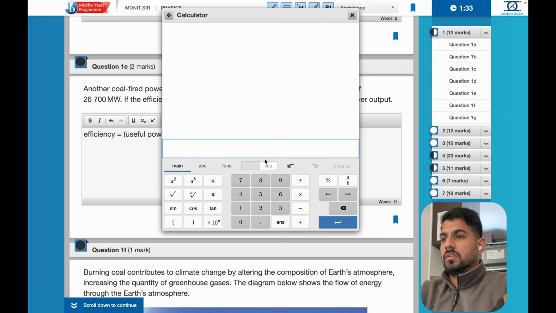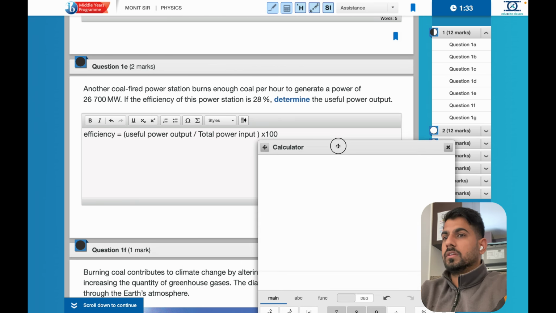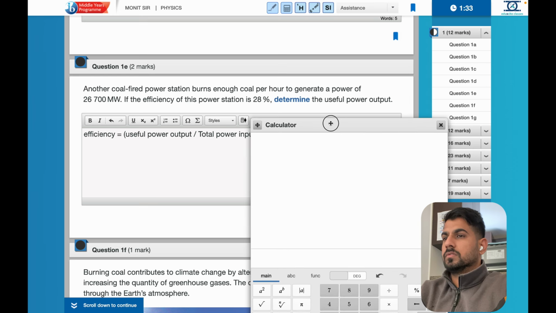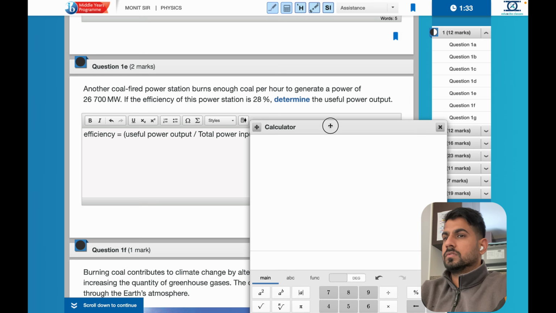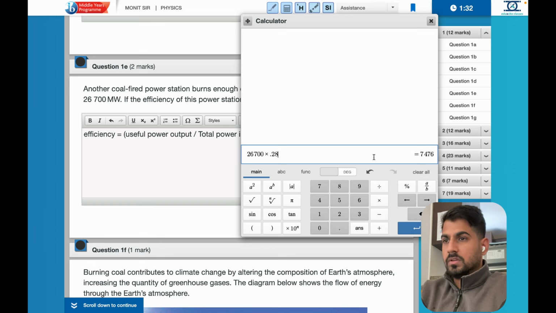equals to, or you can do it in the calculator and then copy it here. So you can clear all. We have to find out the total useful power output. So that will be 26,700, the input. Let us keep it in megawatts only, times 0.28. So that will give you this in megawatts.